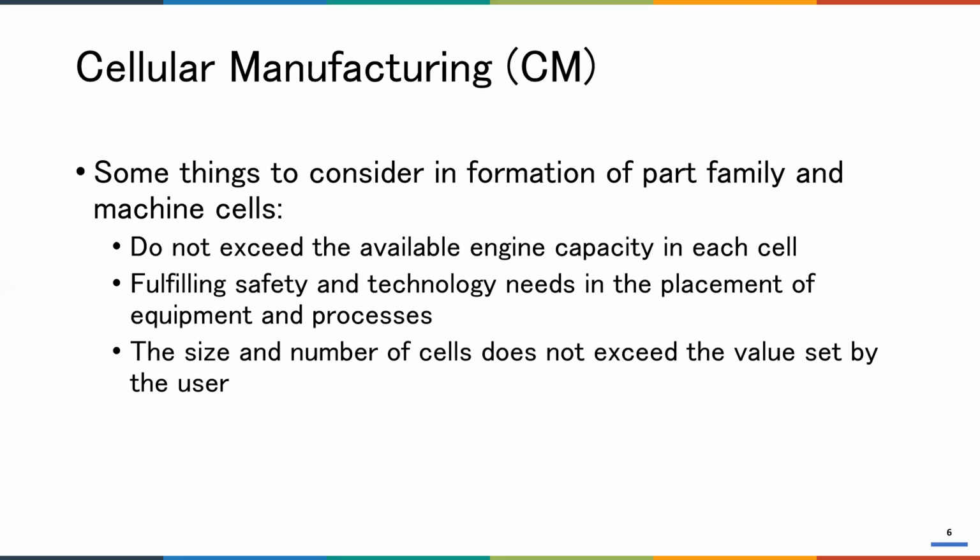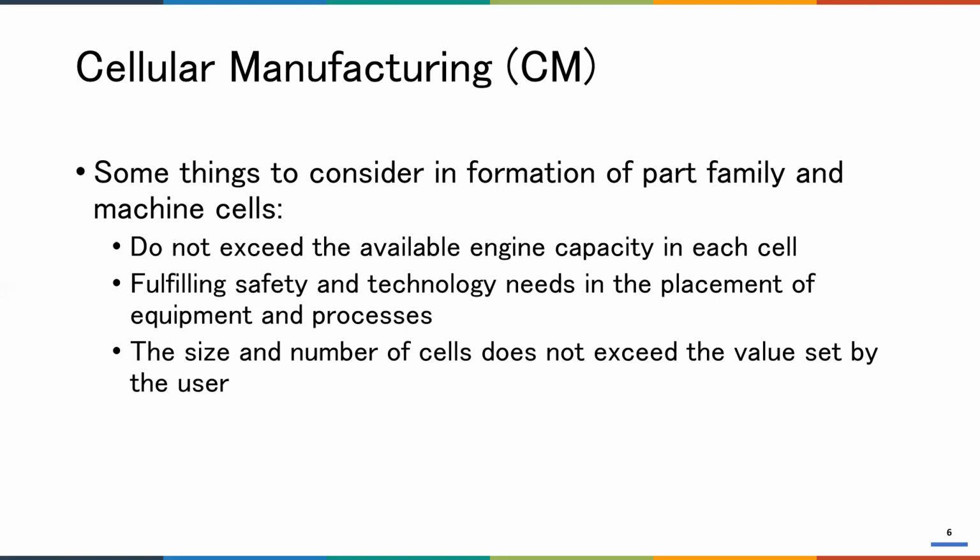And then, basically, if possible, the use of the CM itself, the size and the number, meaning the space utilized and the number, should not exceed the value set by the user.